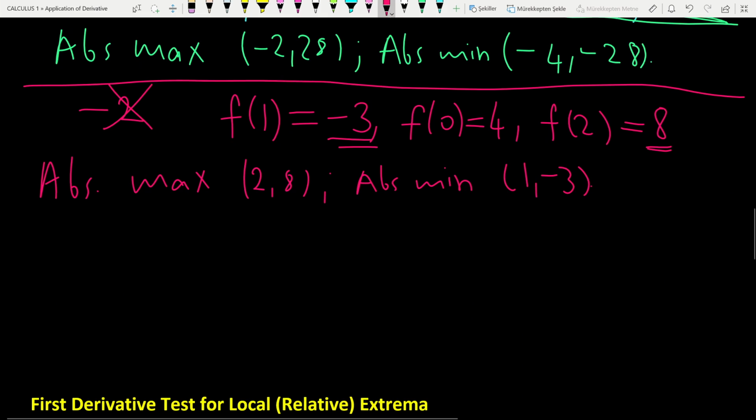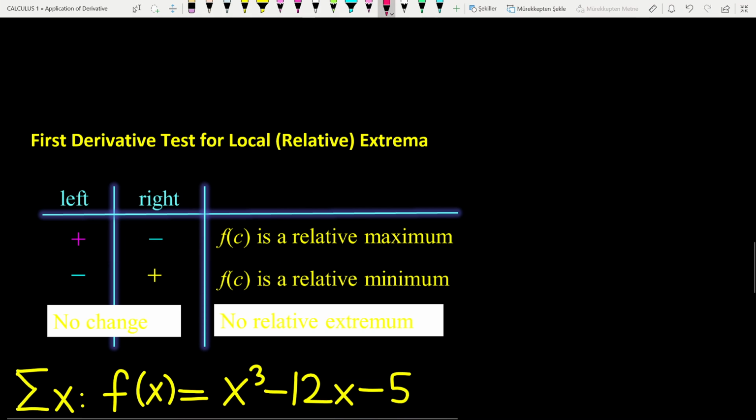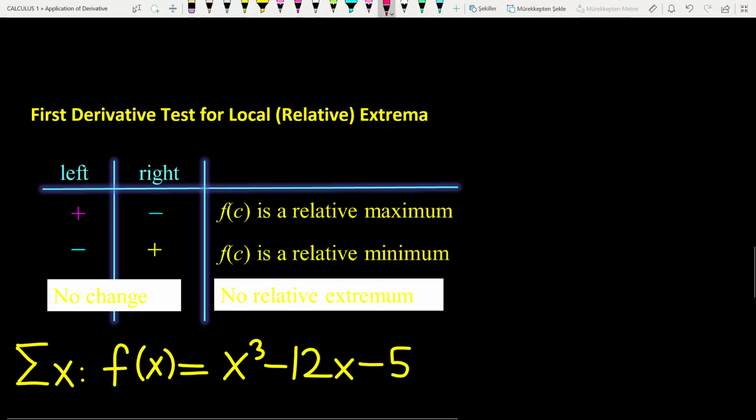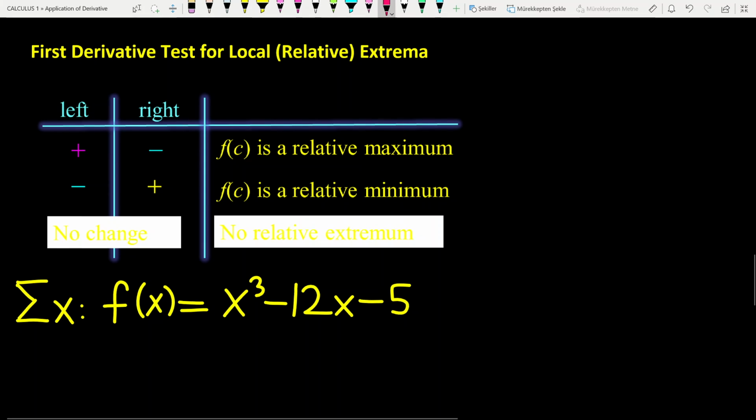So this is all. We have a test which is called the first derivative test for local and relative extrema. The previous one was for the global extrema.